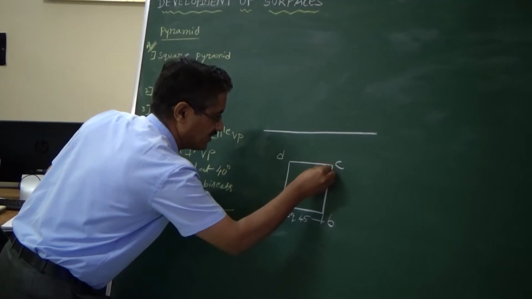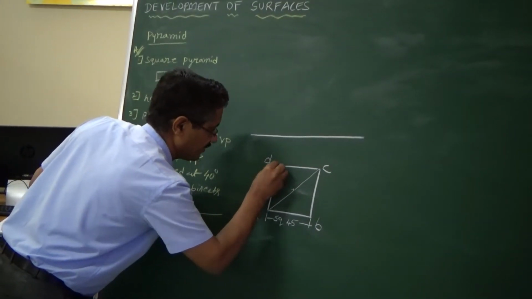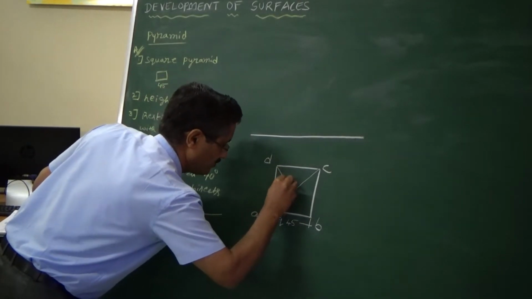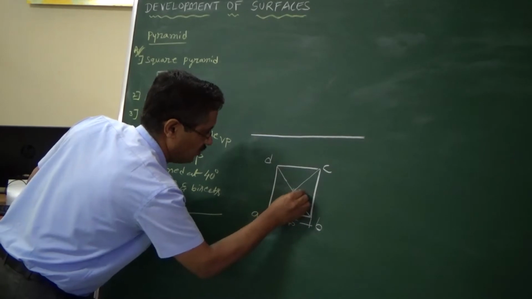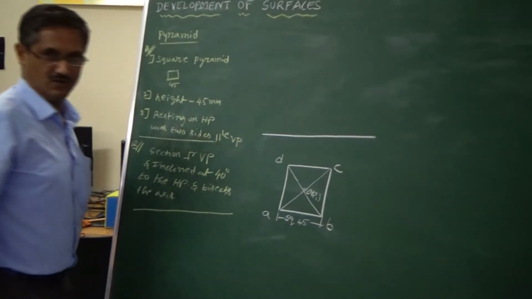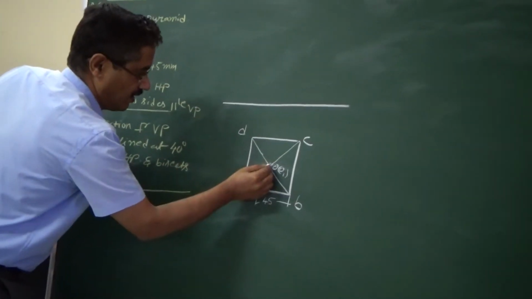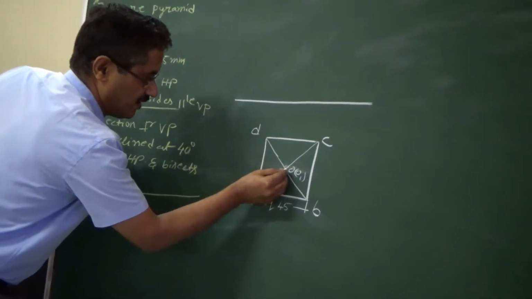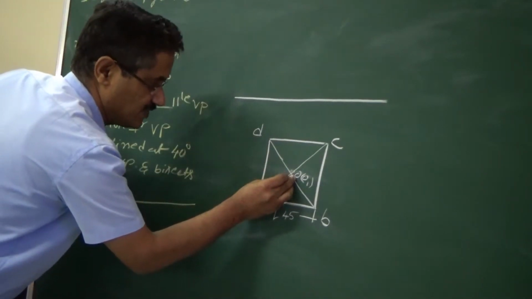How do we find the center? Draw two thin lines like this. When you draw two thin lines, you get a point, that is your O1. Now the pyramid apex is this point. When you look from the top, this is visible like this.